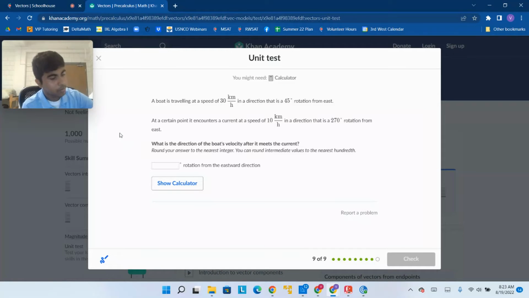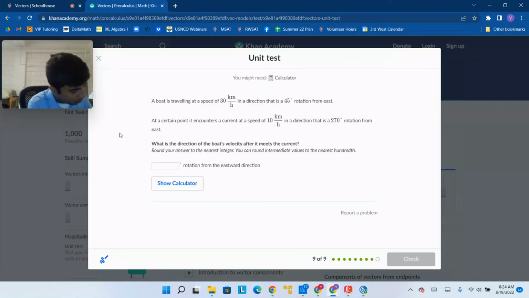Well, we're going to split up, as always, as we kept doing this entire unit test. We're going to split this 30 into vectors. This is how vector addition works. Even if one of them is completely flat, it just makes it a bit easier because you don't have to split the second one into vectors. So it's 45 degrees, right? They're both going to be cosine of 45, sine of 45, which is the same thing. So 30 times cosine of 45 or sine of 45 is going to be 21.21.